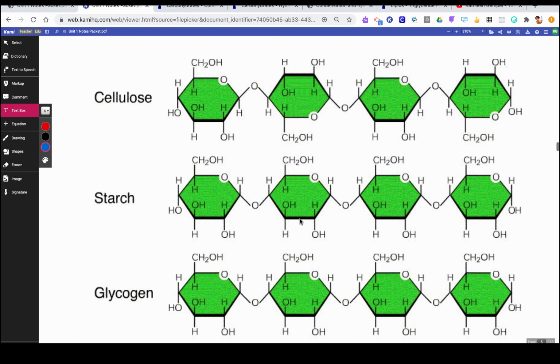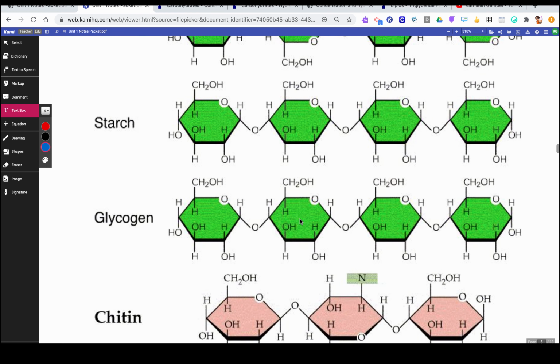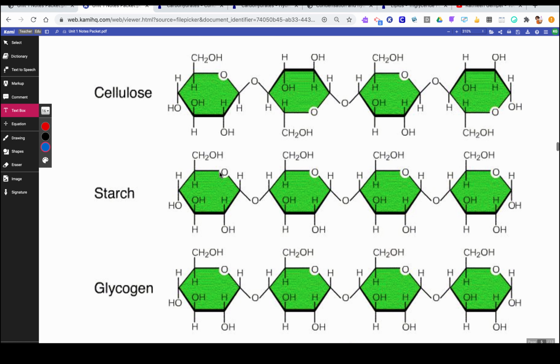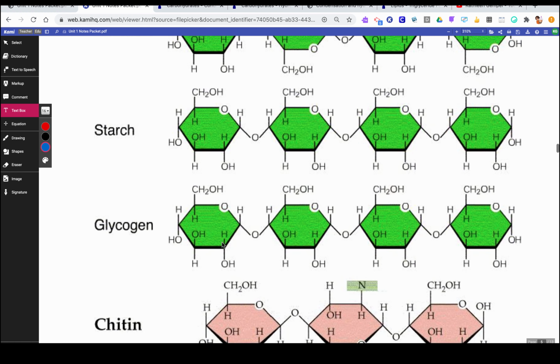Cellulose, starch. You don't need to know the difference between them as far as their chemical components, but remember, cellulose is the structural polysaccharide of plants. Starch is the energy storage form of carbohydrates in plants. Glycogen is the energy storage form of carbohydrates in animals, and we have roughly about a day's worth of glycogen stored up mostly in your liver, but a little bit in your muscles.